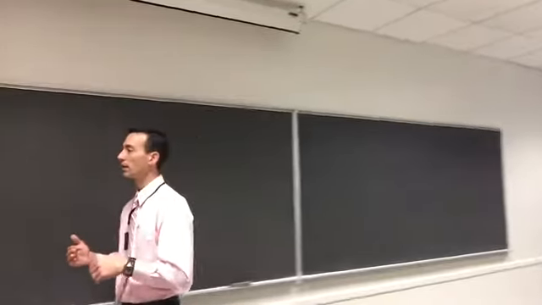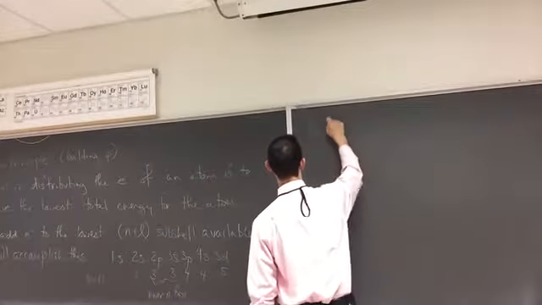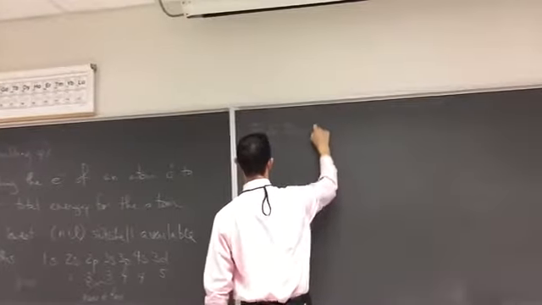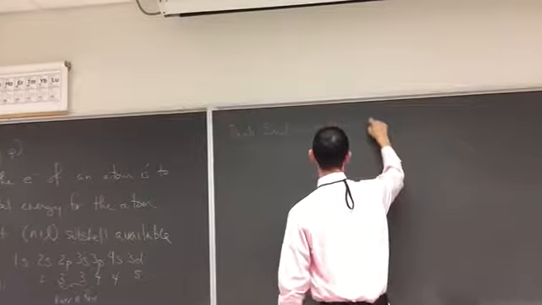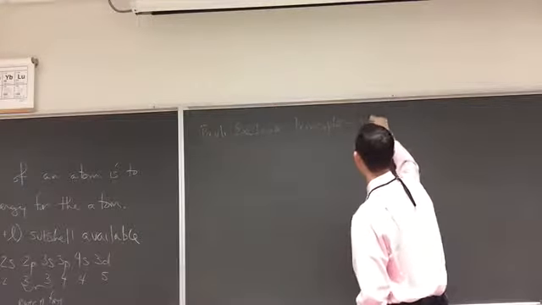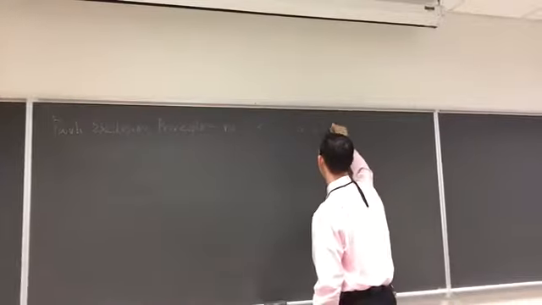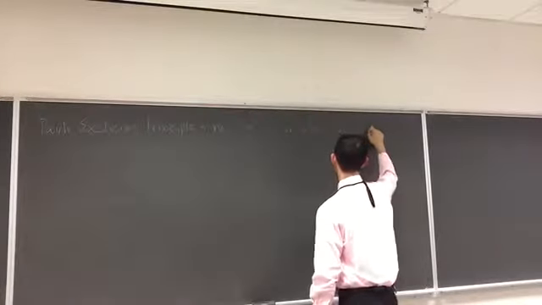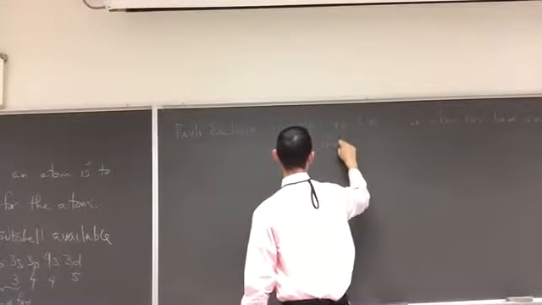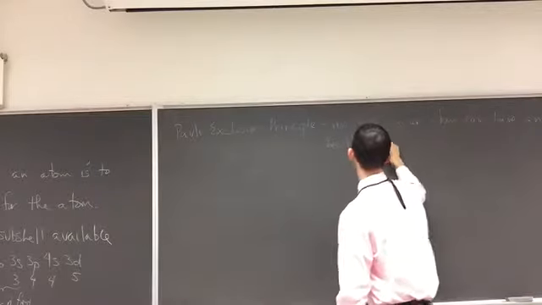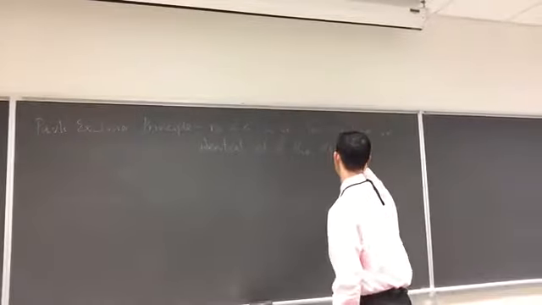Another important consequence or factor to consider is what's known as the Pauli exclusion principle. The Pauli exclusion principle states that no two electrons in an atom can have an identical set of the four quantum numbers.